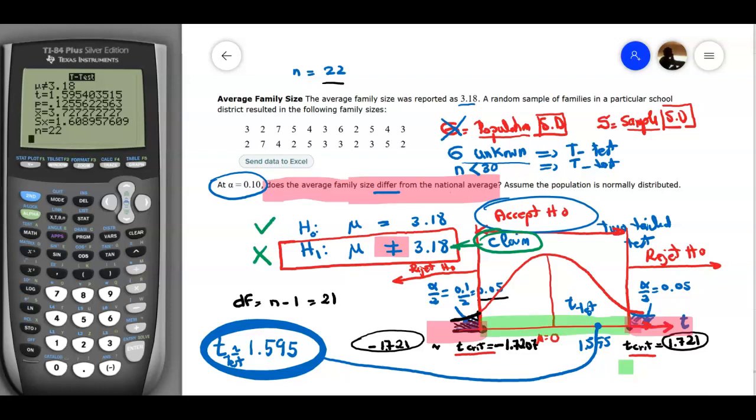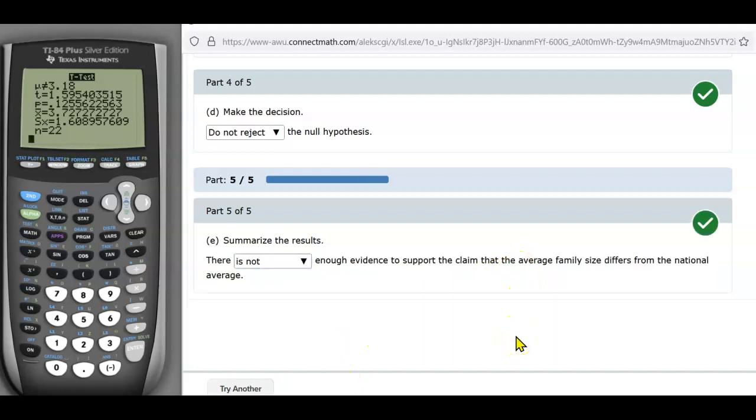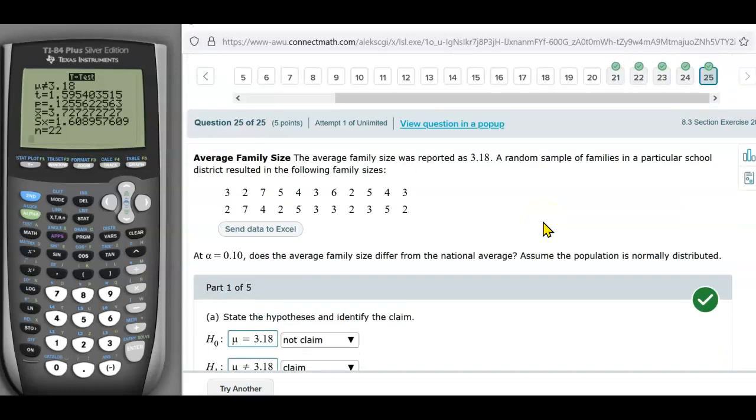No, we don't have enough evidence to support the claim. All right. We tried to collect the information. This is our evidence. We tried to calculate and figure out whether maybe we would have support for the claim, but it happened that this evidence is not good evidence to support the claim. All right. So the answer here: there is not enough evidence to support the claim, which is H1. All right. It happened to be H1. Let's see. And that's all. All right. I hope this will help.